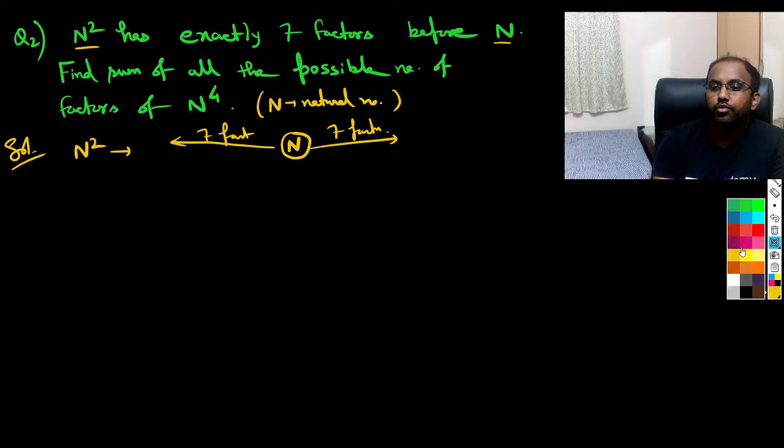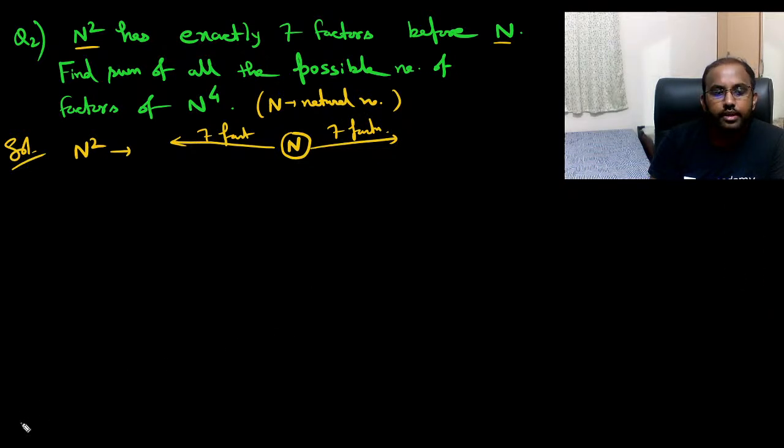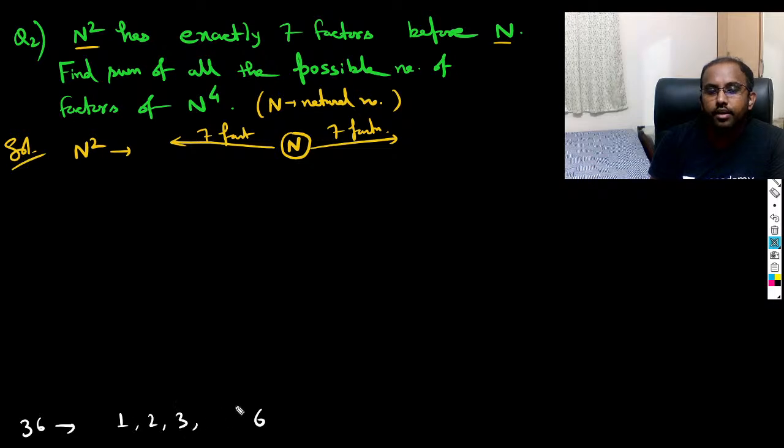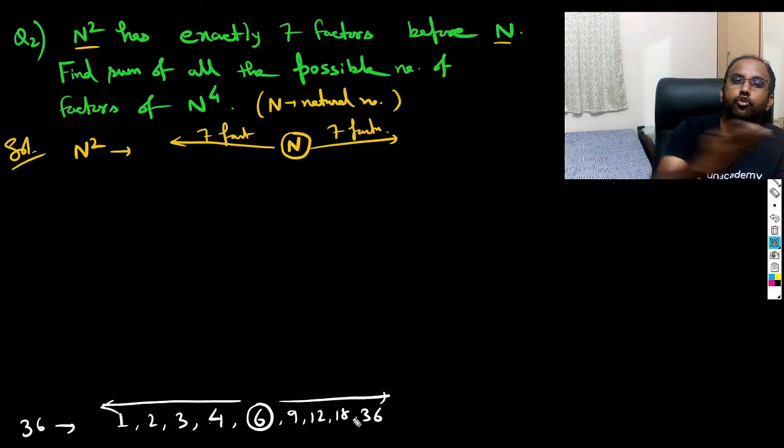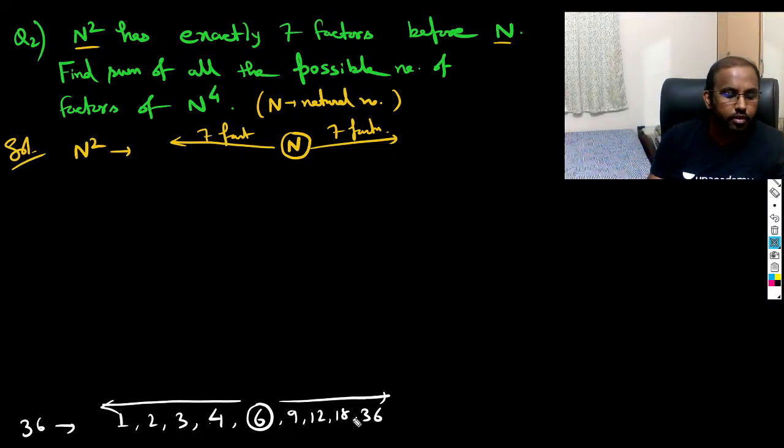Take, for example, 36. Now n square is 36, its root is 6. You can check 1, 2, 3 and 4. Exactly 4 factors before 6, that is the square root. And after it, if you write the factors, 9, 12, 18, 36. Exactly 4 factors after 6 also. Correct. Okay.